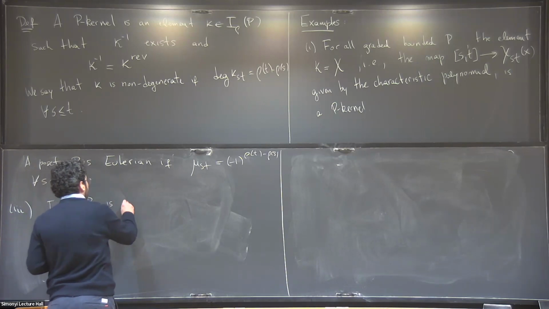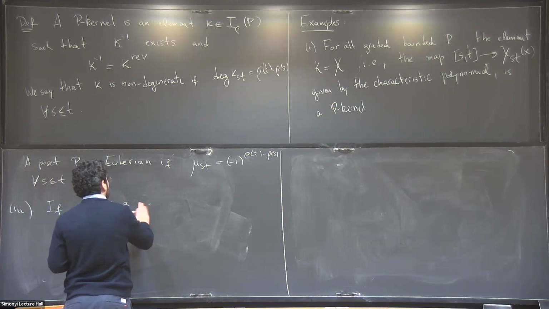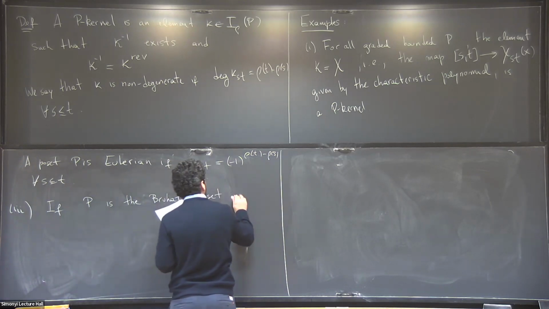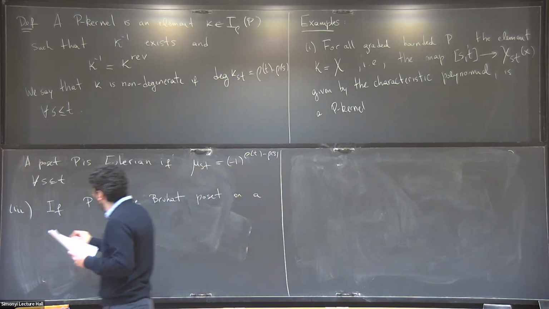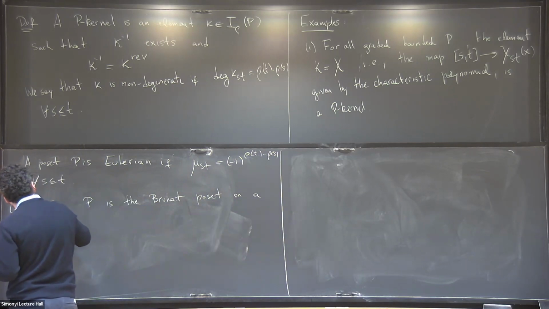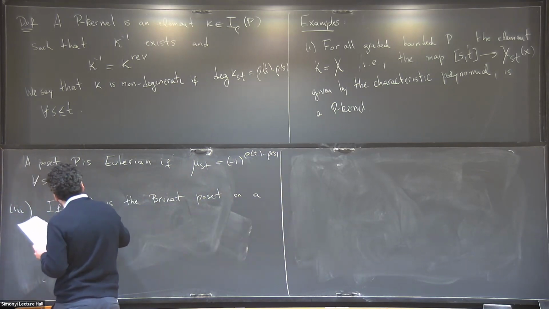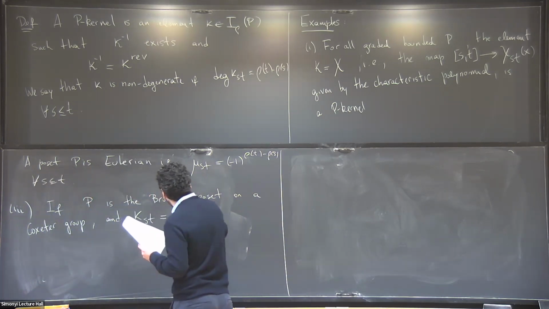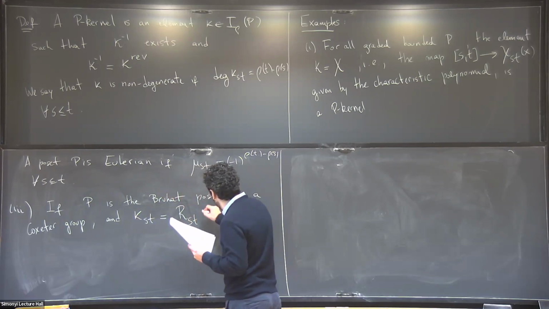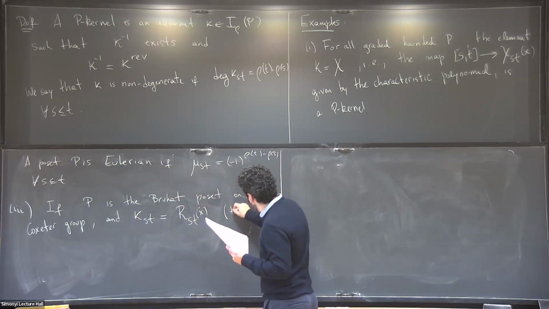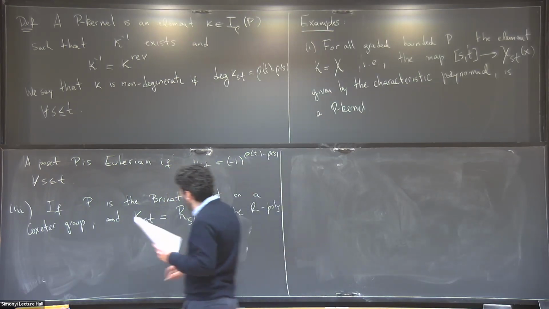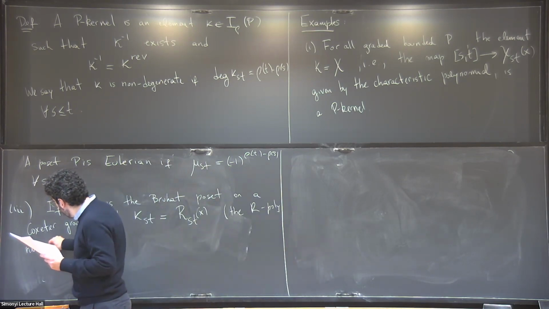If P is the Bruhat poset on a Coxeter group, and kappa(s,t) is given by the R polynomial, the R polynomials.